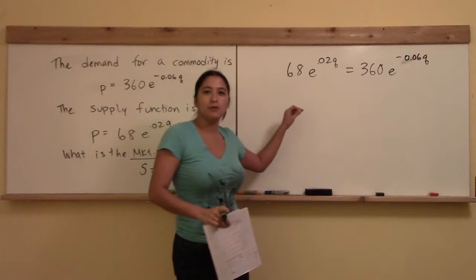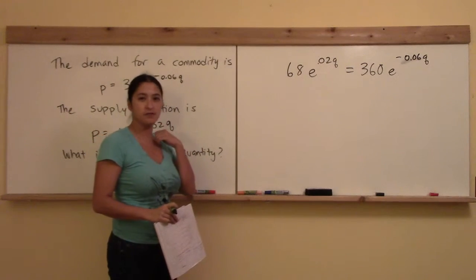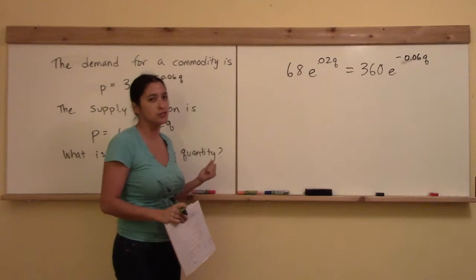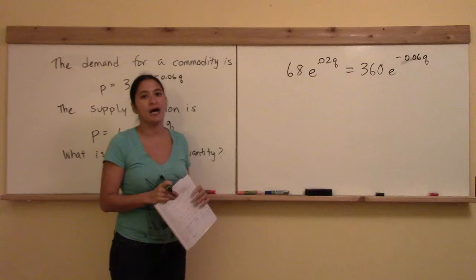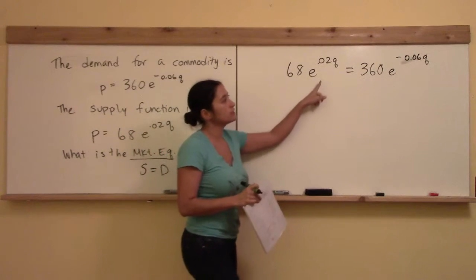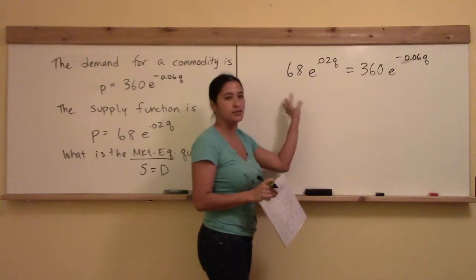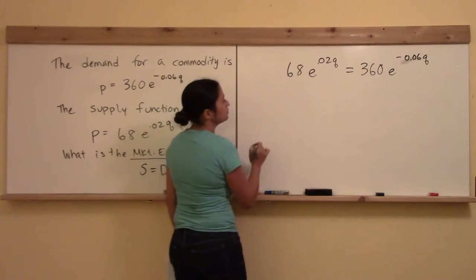This has e's on both sides. This is a little bit different than previous ones that I've solved, but actually the strategy really doesn't change all that much. And strategy number one is going to be to isolate it so that we have a single base, in this case base e, to a single power on one side of the equation. In this case, we're going to have to combine these two e terms.